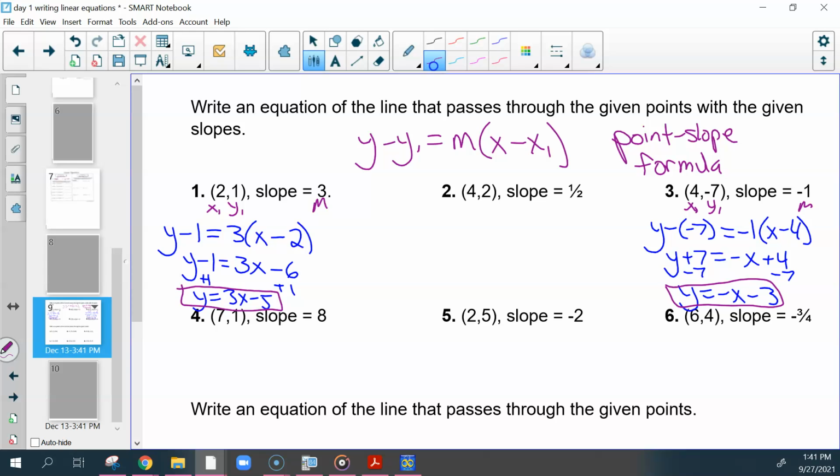If you happen to have 2 negatives, so your x and y are both negatives, that means they would both become a plus on the inside. So I would do this inside and do that part first before you distribute, because that'll change everything. I don't have an example like that up here, but you could easily make an example where I have like -1 and -1 and integrate the slope and then do that.